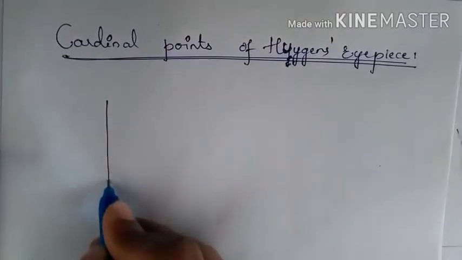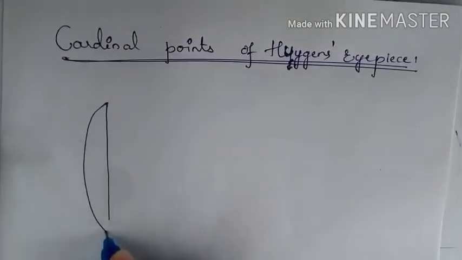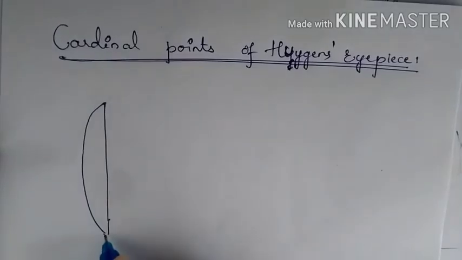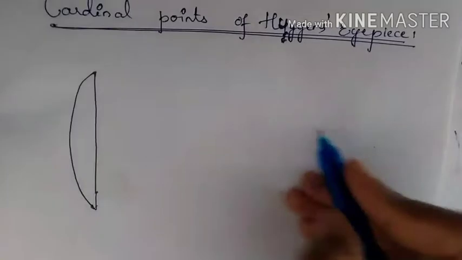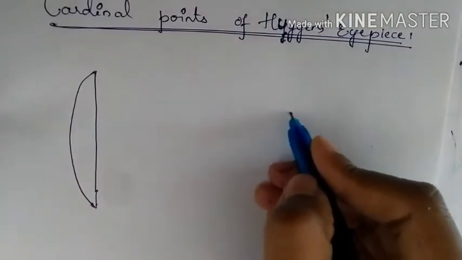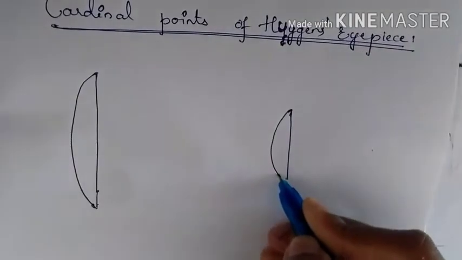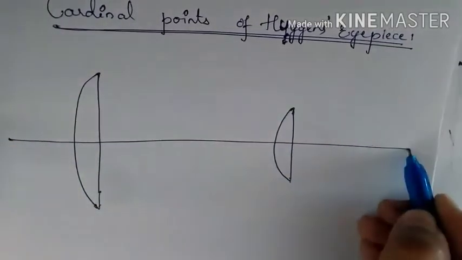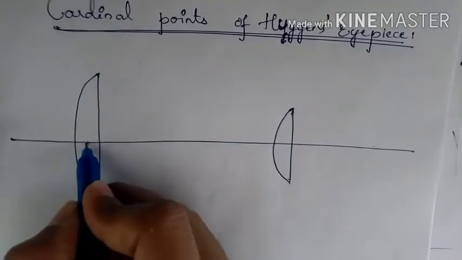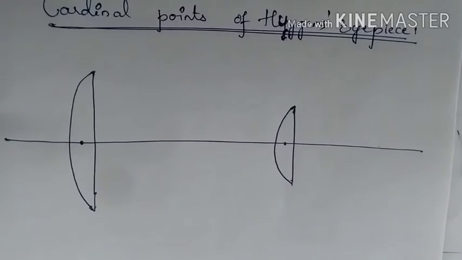So this is the field lens, and there is the eye lens. And there is a principal axis that passes through the center of the field lens and the eye lens. So this is the basic diagram.